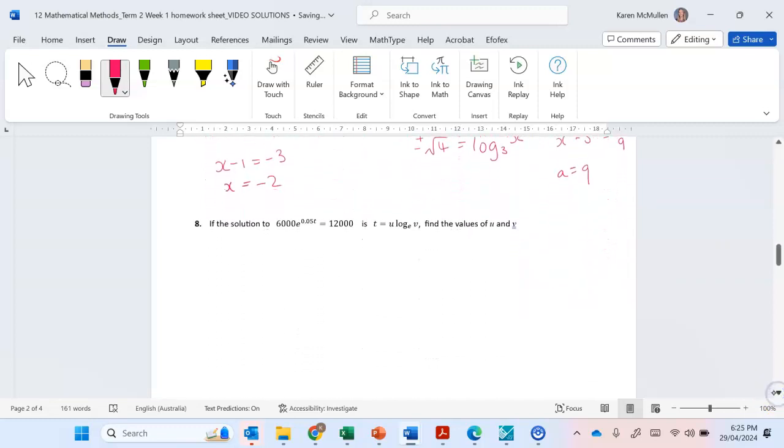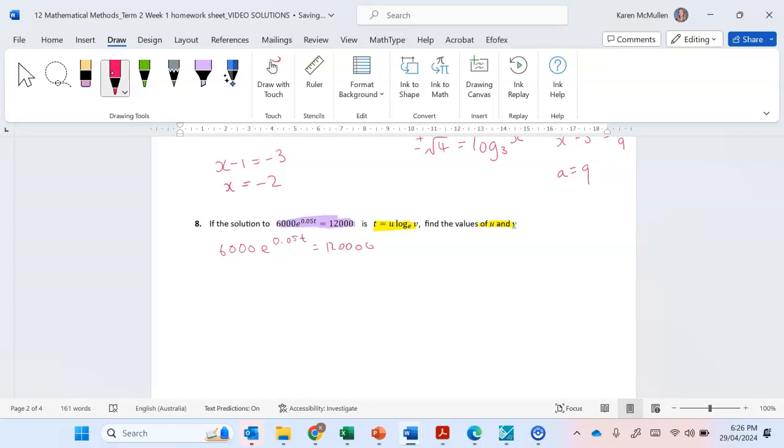Okay. Question 8. If the solution to 6,000 blah blah equals 12,000 is t, find the values of u and t. So remember, it's just asking for the format of the question, so we're just going to focus on this part. All right, so we've got 6,000 times e to the 0.05t is equal to 12,000.